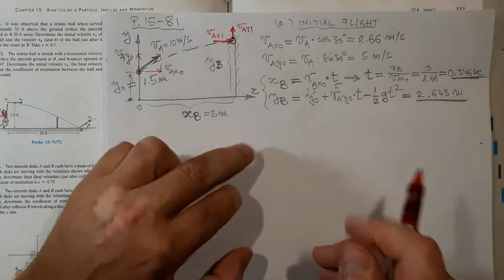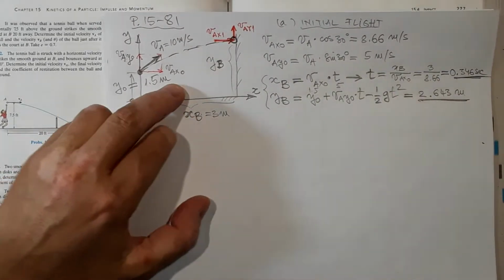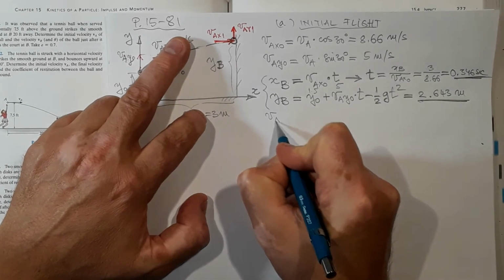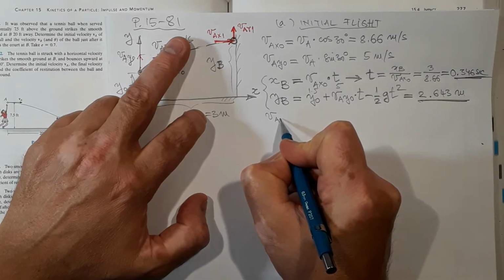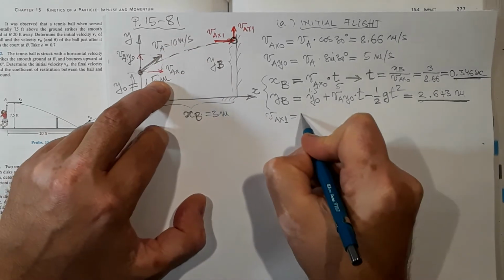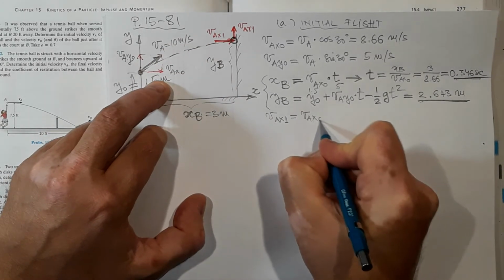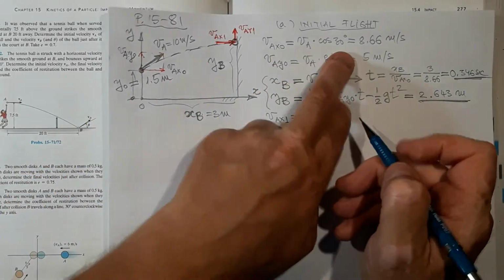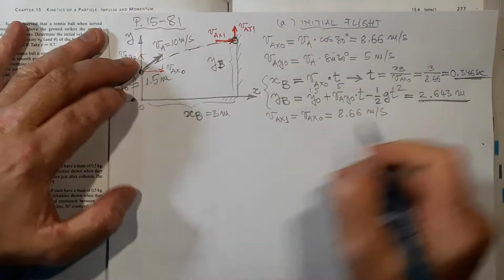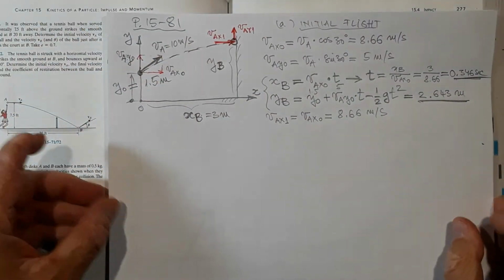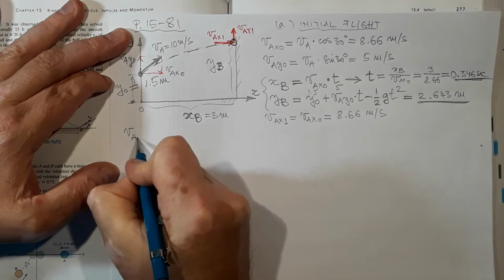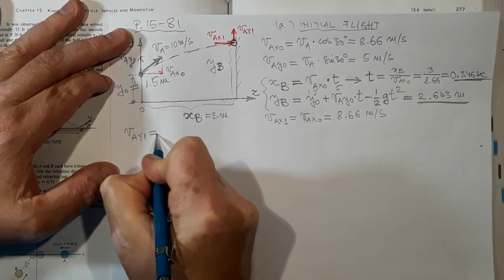Based on the earlier conversation, the velocity of A in the x direction right before impact, VAX0, is 8.66 meters per second.